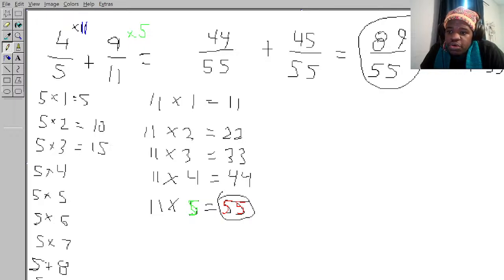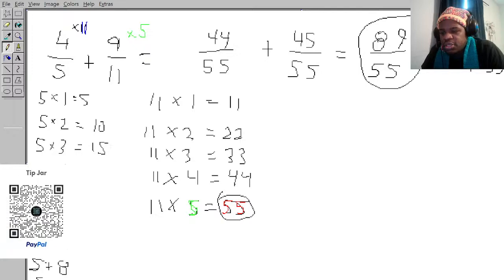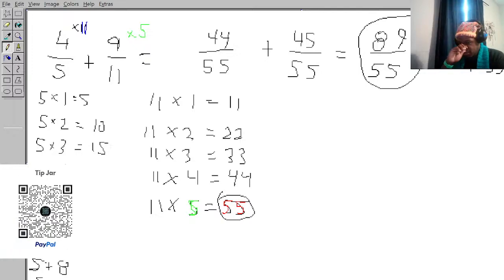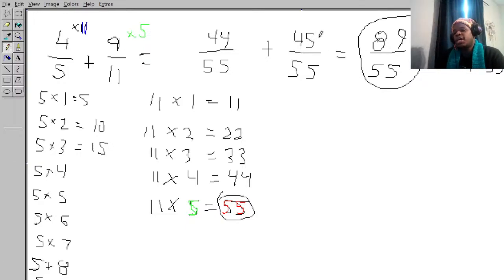So if both top and bottom digits add up to a number divisible by 3, then I know it's divisible by 3. Like this, I know 45 is divisible by 3 because 4 and 5 equals 9, and 9 is divisible by 3. So I would use that trick to simplify, but it doesn't apply here, so this is our answer.